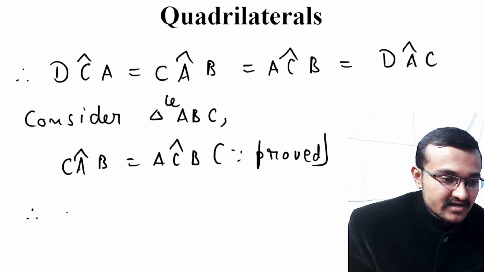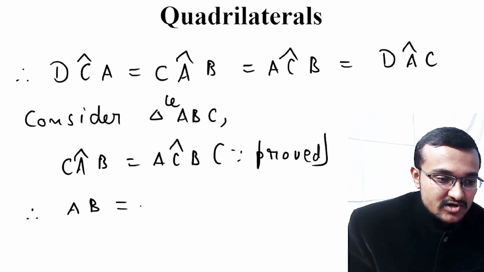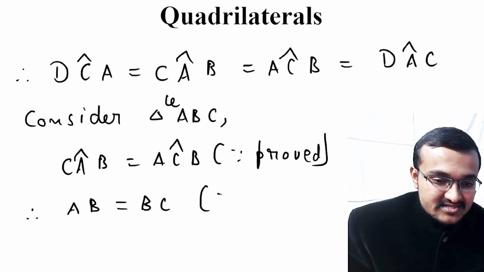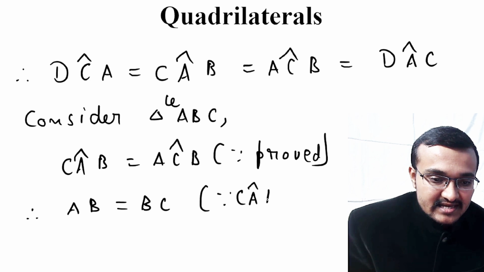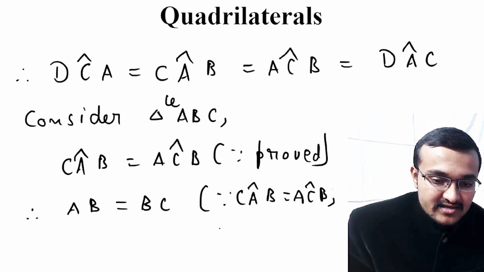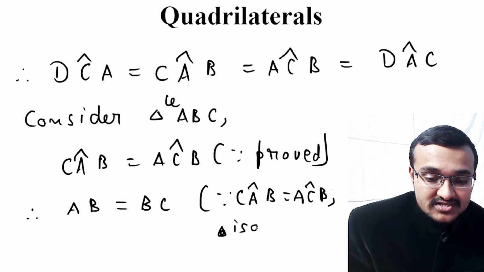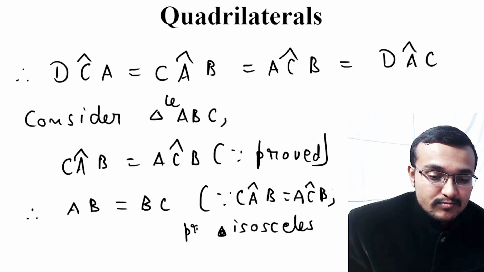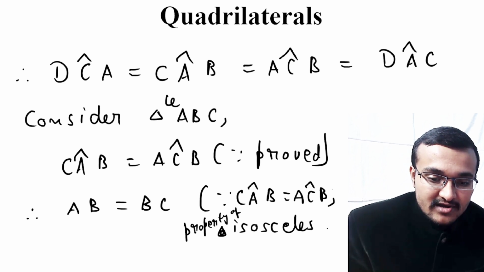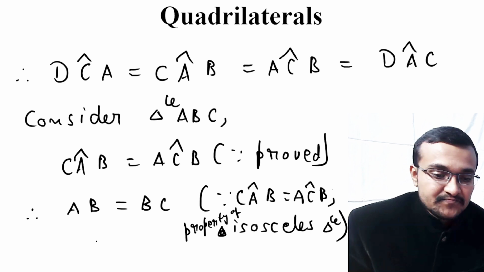Therefore AB will be equal to BC. This is because CAB is equal to ACB, by the property of isosceles triangle.